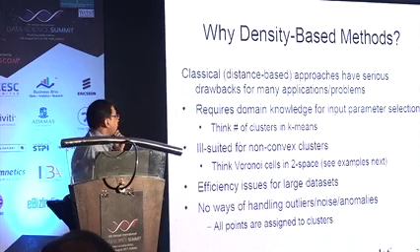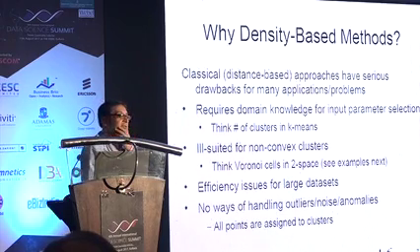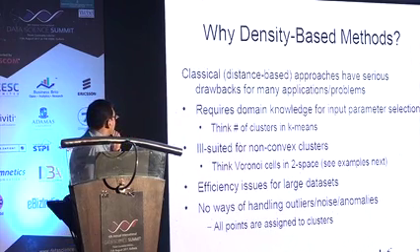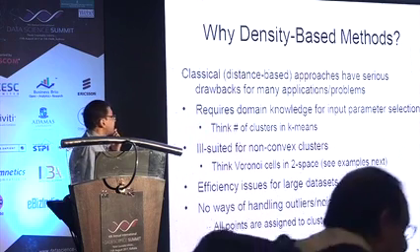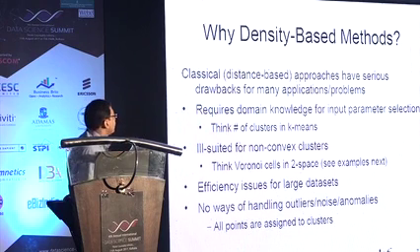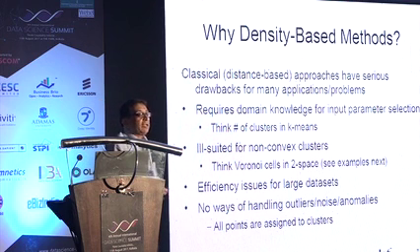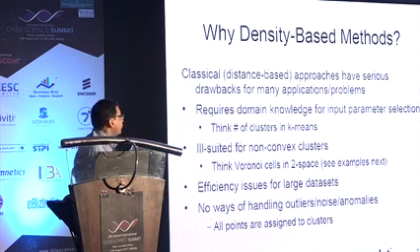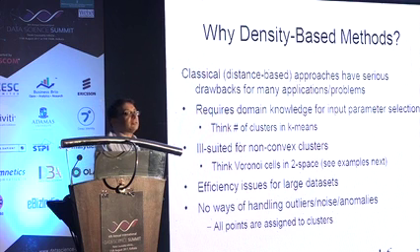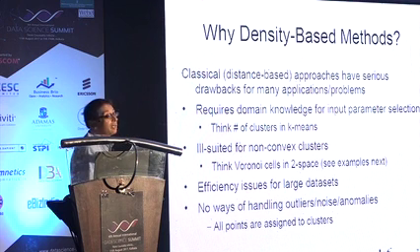So why do we have these density-based methods? The main reason is that the classical methods have serious drawbacks. Number one, they require domain knowledge a priori. For example, if you are doing K-means clustering, you need to know the number of clusters in advance.